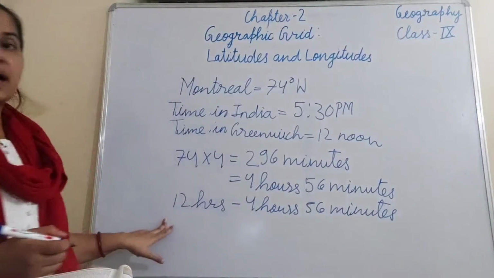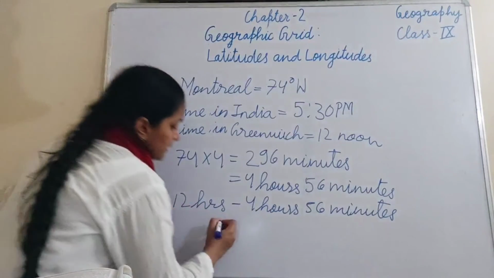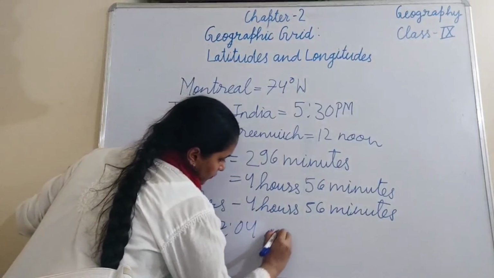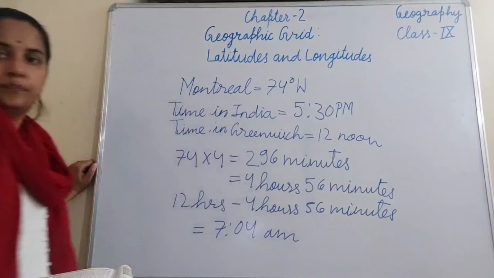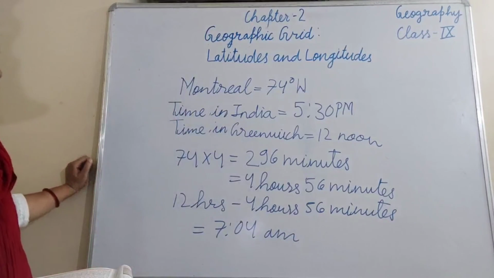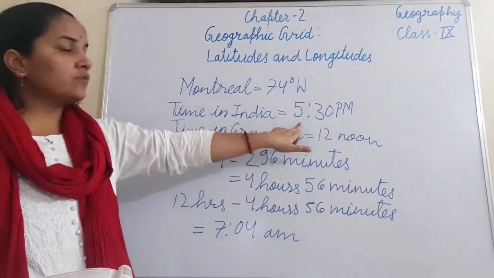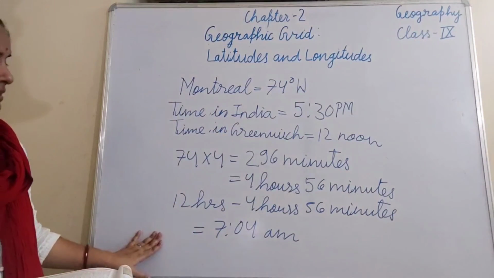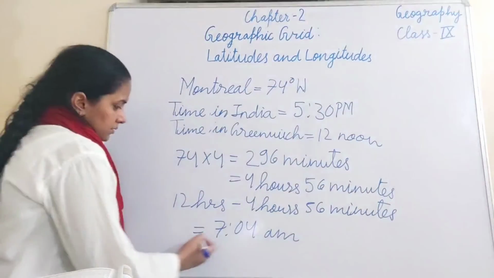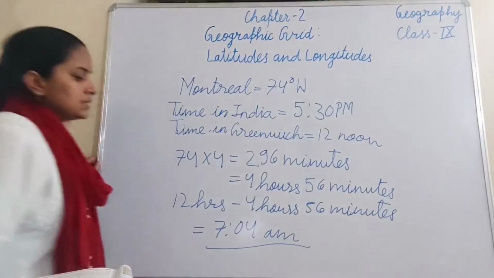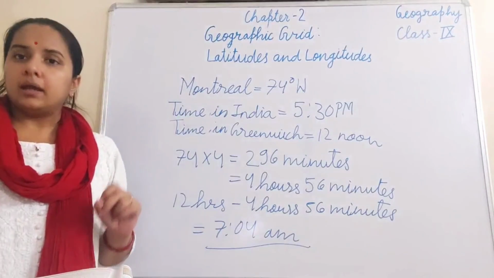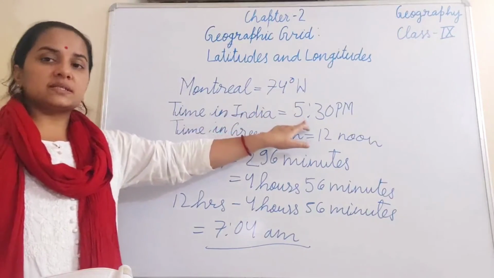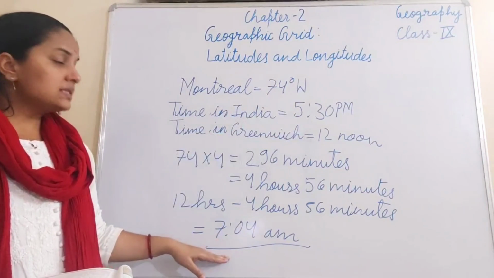the time that we will get will be 7:04 a.m. So when in India the time is 5:30 p.m., at the other place, at Montreal, the time will be 7:04 a.m. The same moment, the time at one place is this and the time at the other place is this.